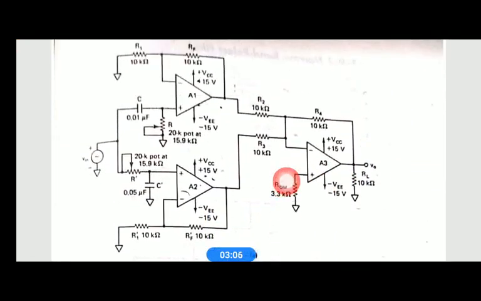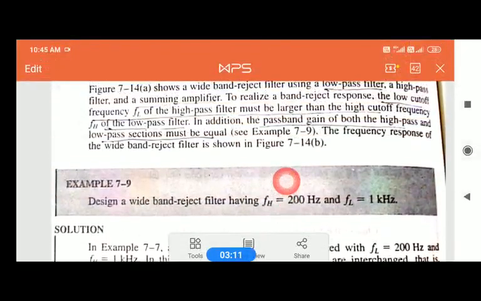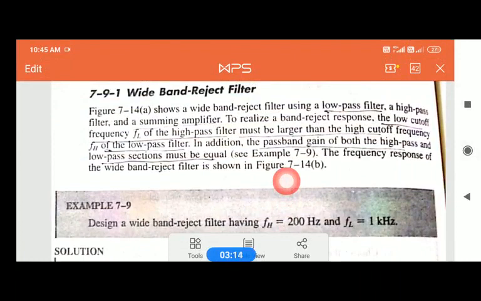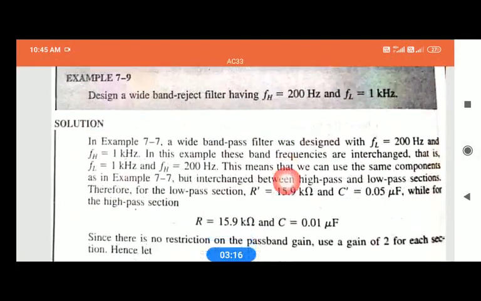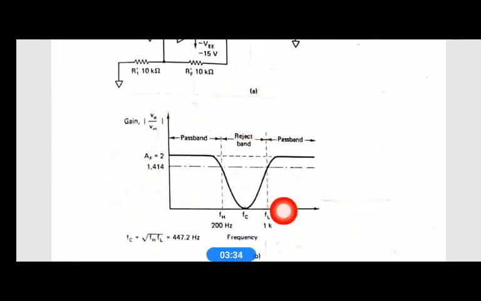So here a band reject filter. So therefore what happens when you use the high pass filter, you see the same input we are applying to both the high pass and low pass filter, right? So when you apply the signal going to the high pass filter, the high pass filter allows the signal having frequency above FL, so therefore it forms the pass band above FL.